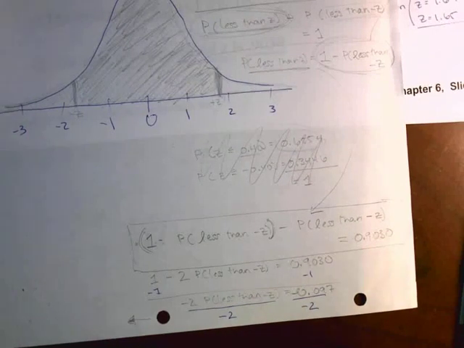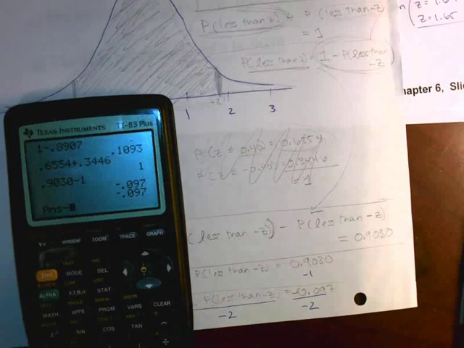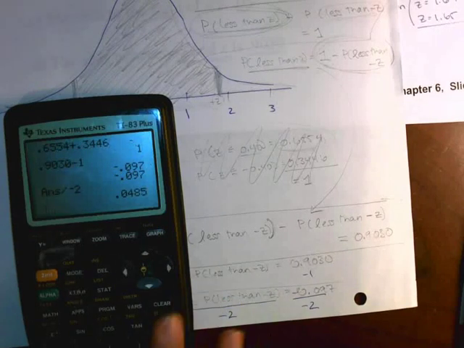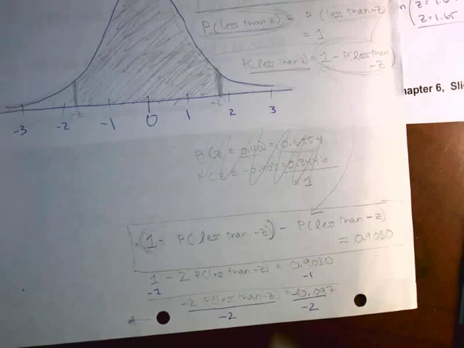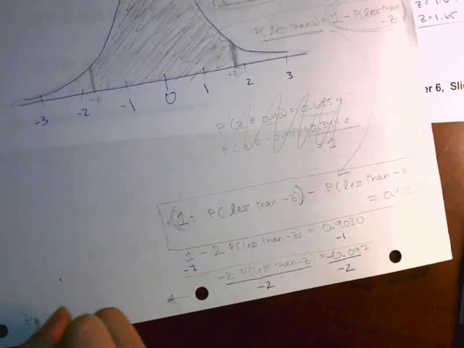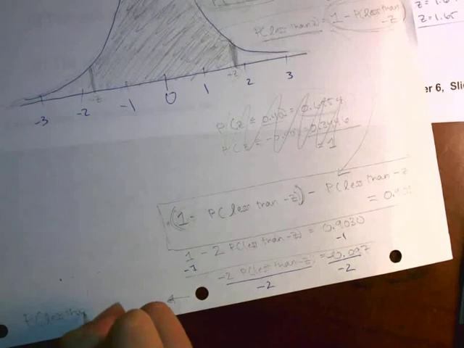Now I'm ready to divide both sides by negative 2. Negative 0.097 divided by negative 2 gives me 0.0485.